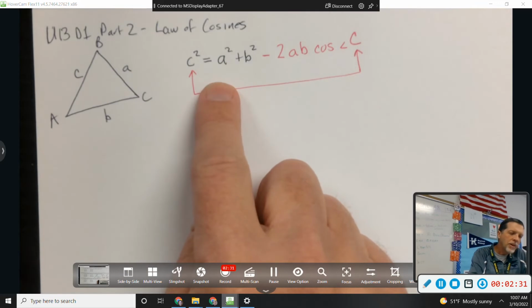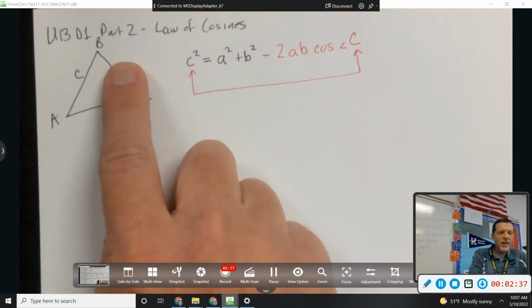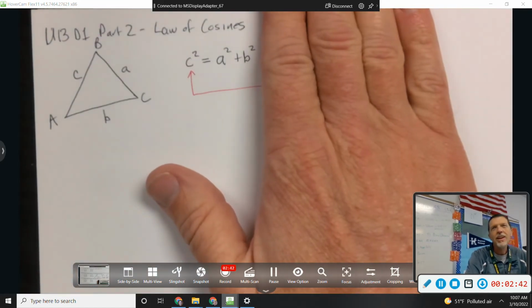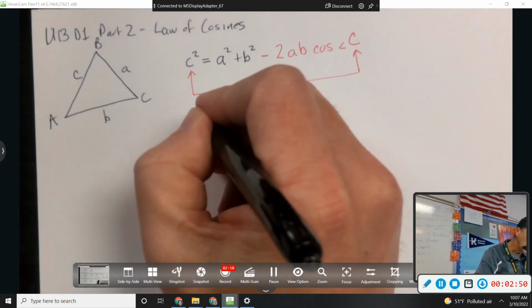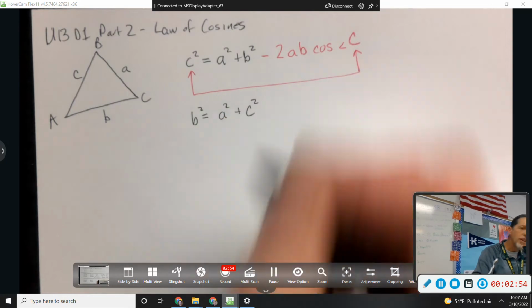Now, because this is not just for right triangles, it doesn't matter where C is, right? Like back with a squared plus b squared equals c squared, the rule was that C is always the hypotenuse, always the longest side. We don't need to worry about that anymore, which also means we could write the same type of equation for the other two sides.